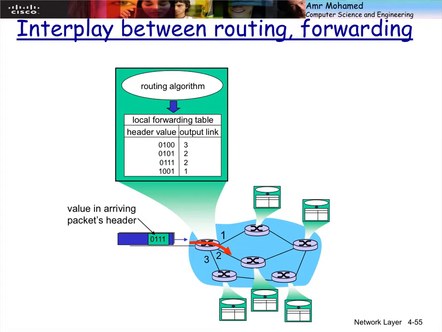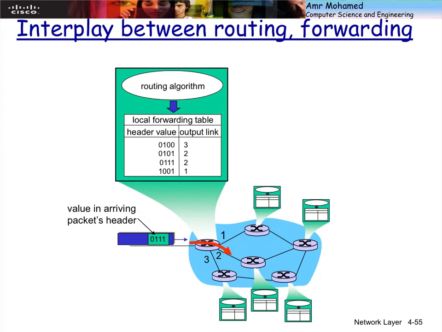Packet forwarding is the process of the router forwarding the packet to one of the output interfaces, and that depends on the destination address. In the header there is the destination address. Based on the destination address, we decide that this packet needs to go to this output interface or that output interface and so on.